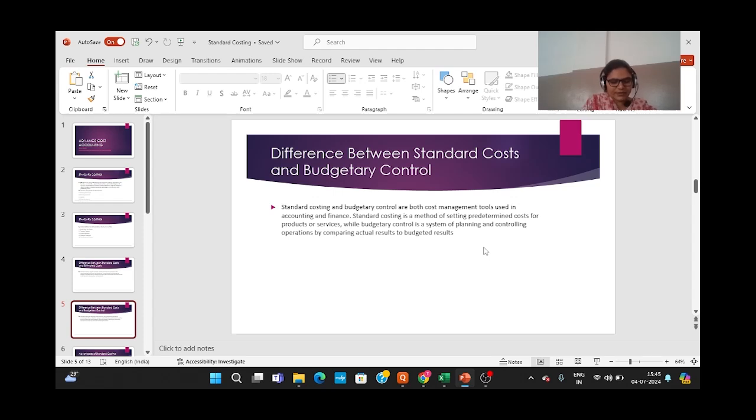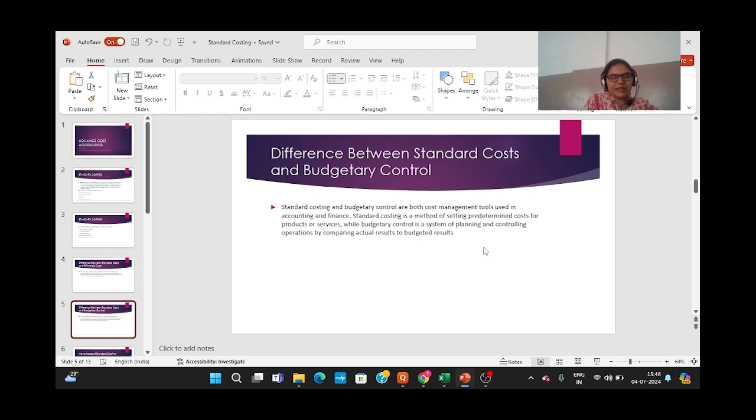Budgets are based on estimated costs and revenues based on past experiences. But in case of standard costing, it is a scientific estimation of what the cost should be. Budgets are prepared for a specific period, but standard costs once established may be used for a long period of time if operating activities remain the same.